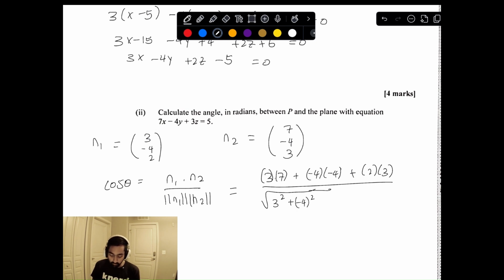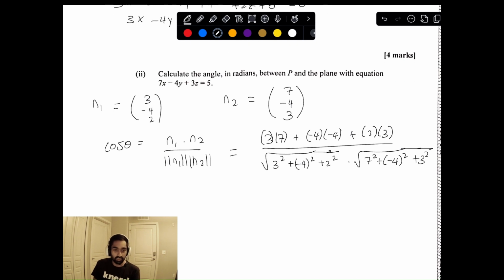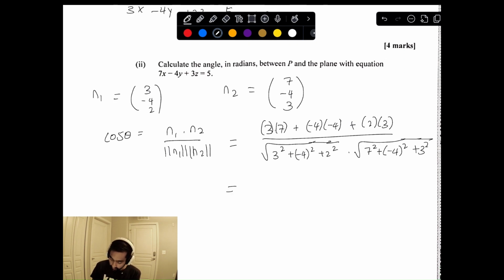For example, n1, which is (3, -4, 2), has absolute value the square root of 3 squared plus (-4) squared plus 2 squared. Similarly for n2, it's the square root of 7 squared plus (-4) squared plus 3 squared. When you're doing this, make sure that the minus is inside the square, because it'll change your answer if it's outside the square.